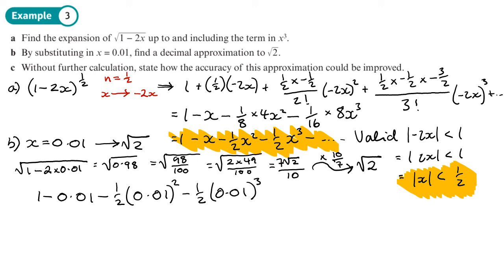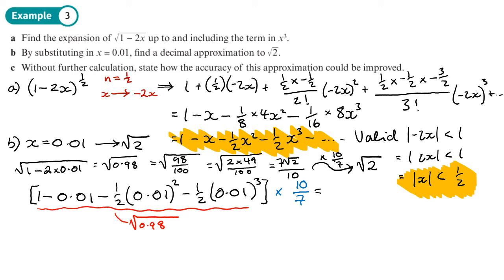And then what I'm going to do, as I said, all of this bit here, that is the square root of 0.98, because of the number we put in. So now let's do it in a different color. If I times this by 10 over 7, it becomes my estimate for the square root of 2. So let's do that on our calculator.